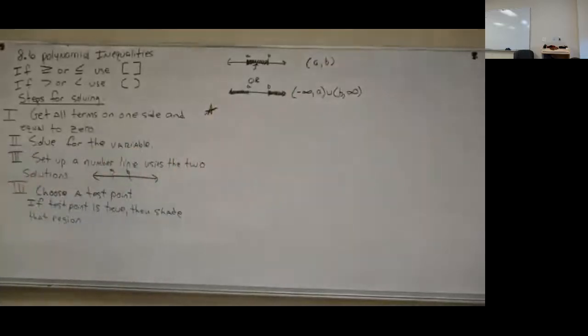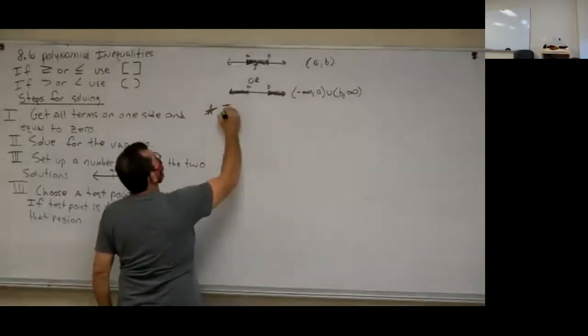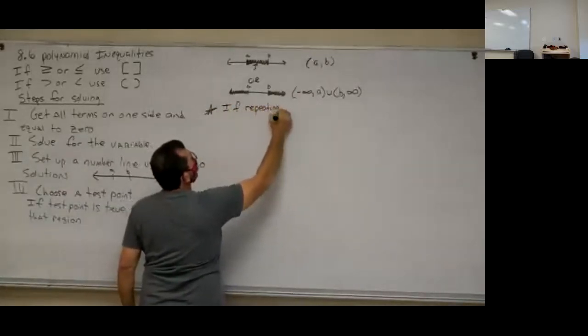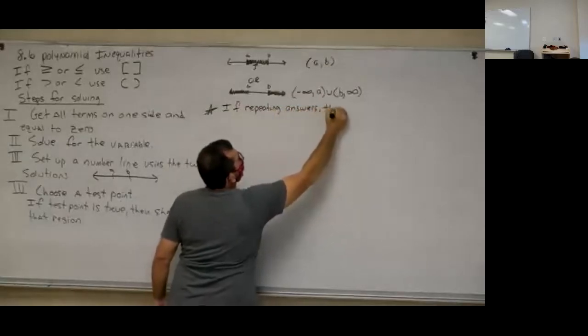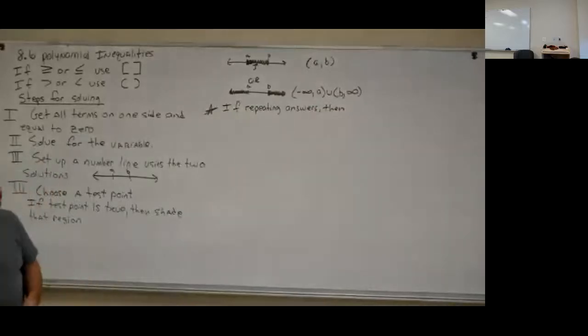But what if I solve this and I get a repeating answer, like an x minus 5 and an x minus 5? Those would both give me a positive 5 for my answer. So if you do get a repeating answer, then that is the only number we exclude from the domain.